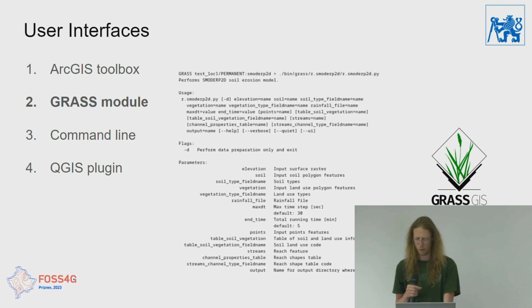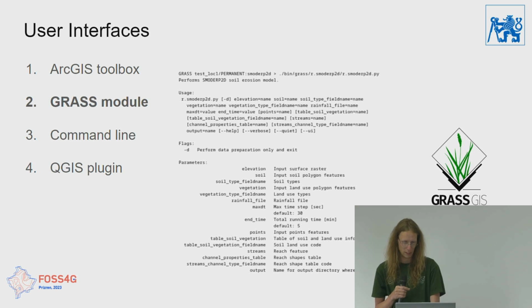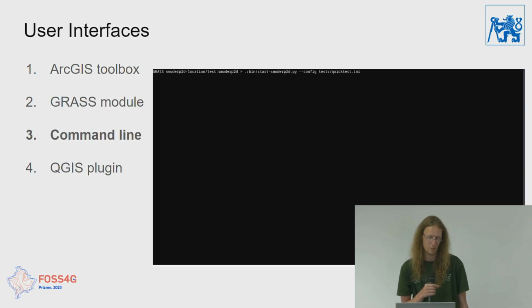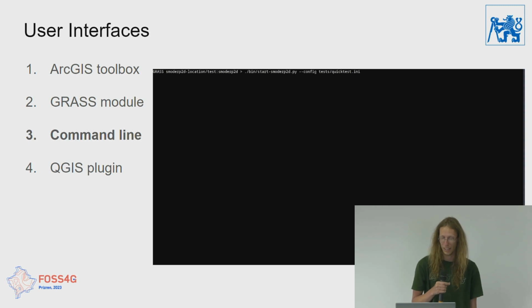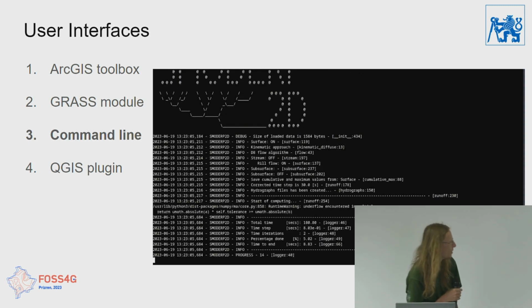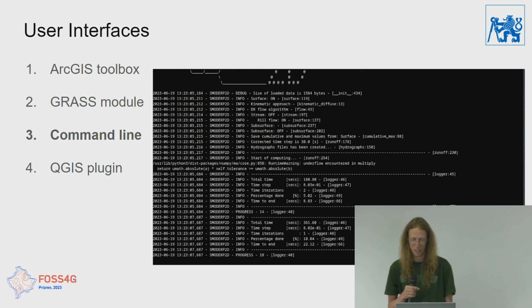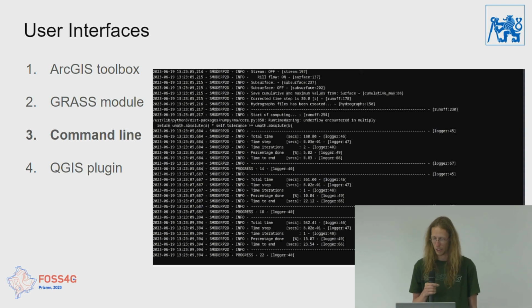And if you start it in front of people, they always love it. And there is also the command line interface for the really tough ones, where you just start everything from the terminal.